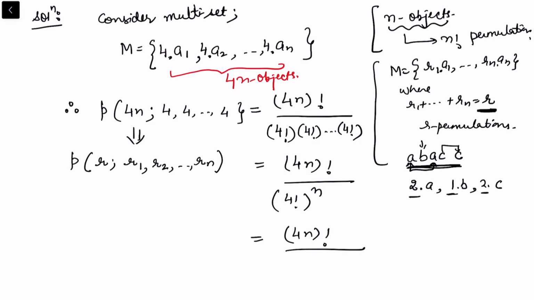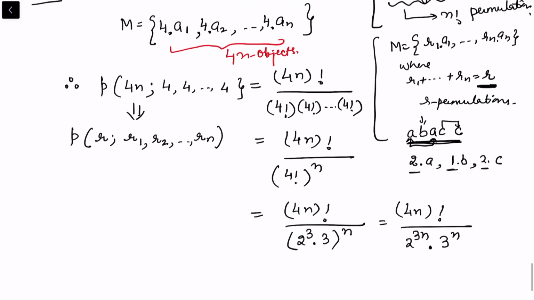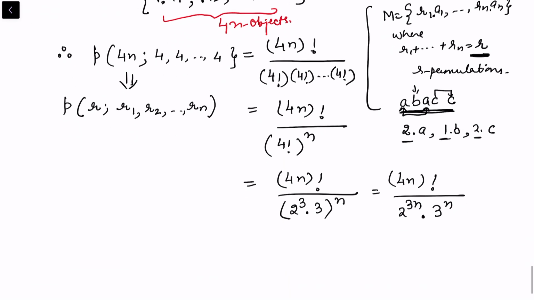Now 4 factorial, I can write further as 2 to the power 3 into 3, that is 24, raised to power n. This is equal to 4n factorial divided by 2 to the power 3n into 3 to the power n. Now we know that the left hand side is definitely an integer, or you can simply say a whole number.